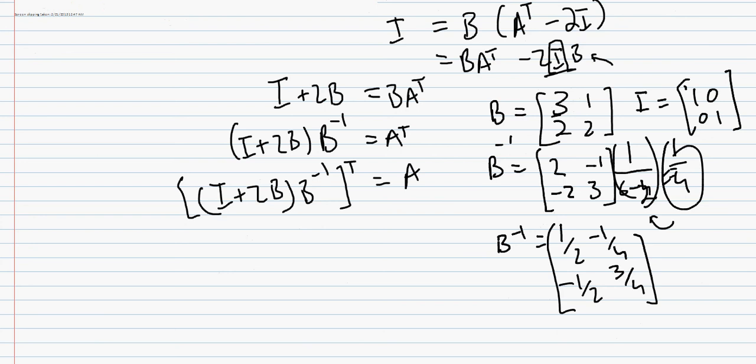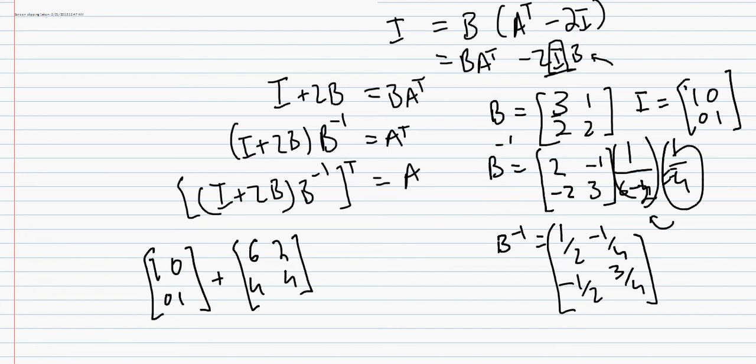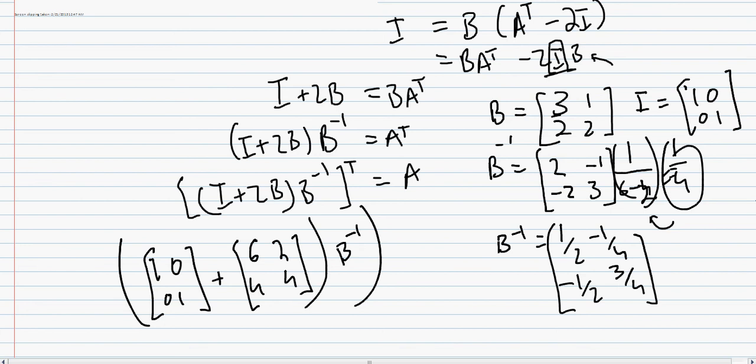Now, let's actually do this. 2 times B is just [6, 2; 4, 4], right? Plus [1, 0; 0, 1]. All that stuff times B inverse, and take the transpose of that.